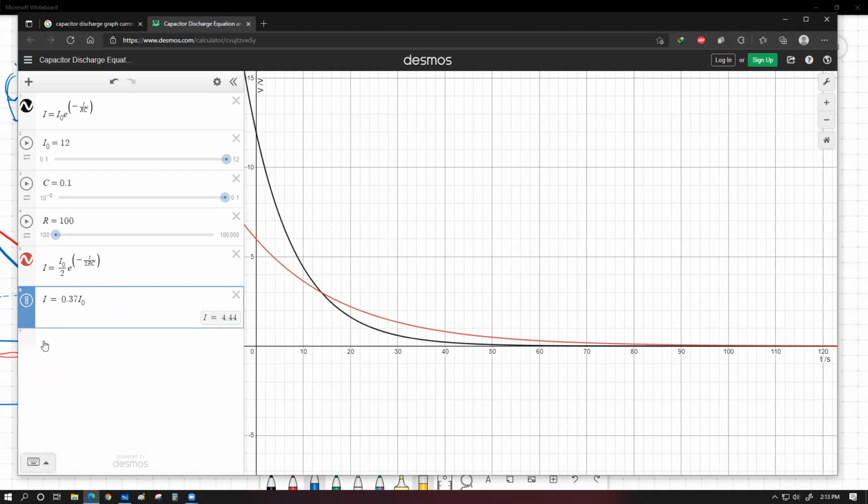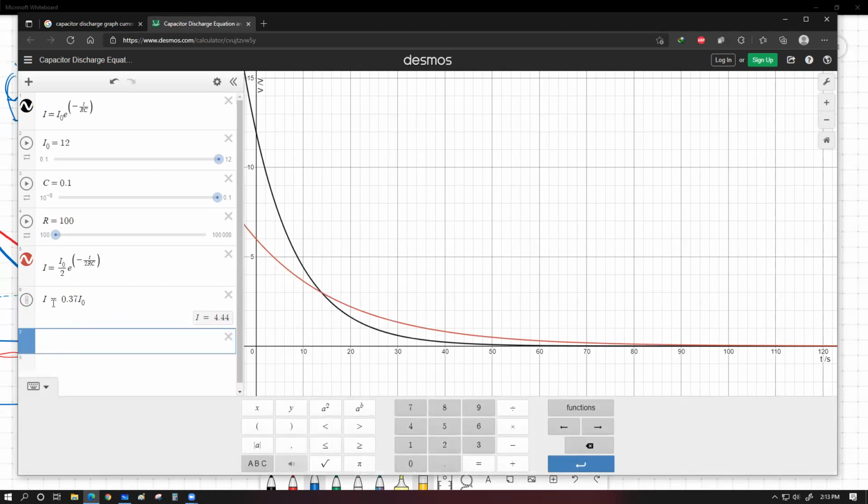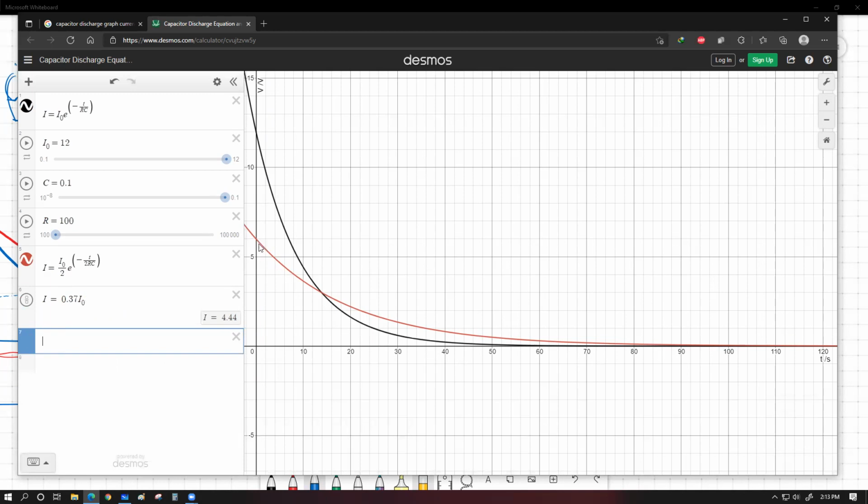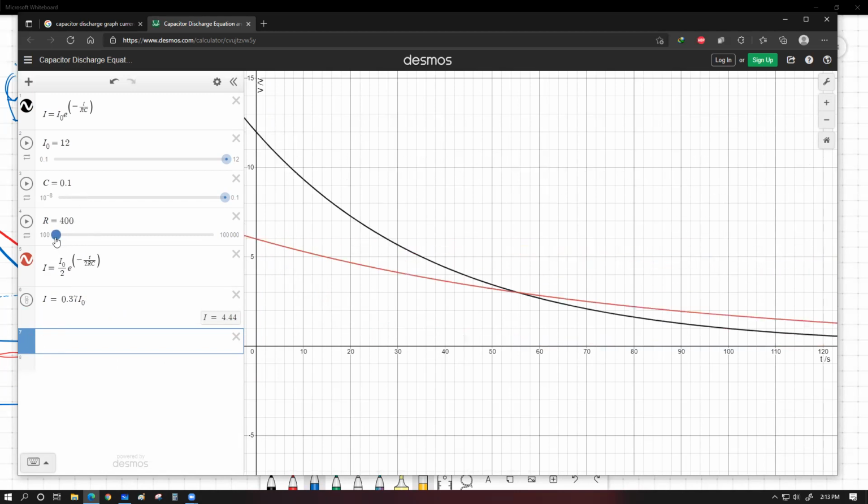I can't be sure this is a graph. That line over here, crossing of the 0.37 to represent that these two variables are exactly half. Just a second. 0.37 is 4.44.